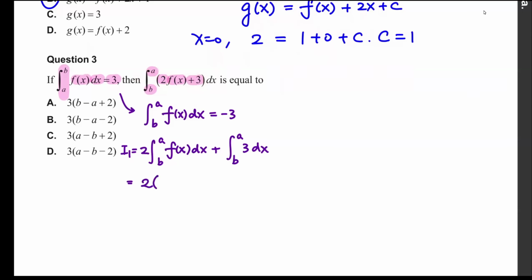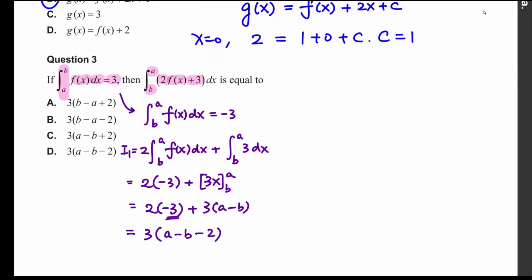So I'm going to get 2 times minus 3, and we should have 3x from b to a. Then you have 2 times minus 3 plus 3 times a minus b. And you can take out, let's say, a 3. So you have 3 times a minus b, take 2. So that's why I'll choose option D.